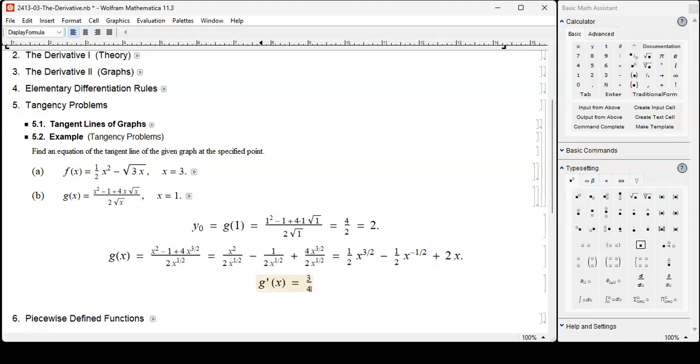That's going to be 3/4 x to the, subtracting 1 from the power, 1/2 power. 1/2 was there before, multiplied by negative 1/2, so we have a sign change, positive 1/4 x to the, subtracting 1 from the power, 3/2 power, and then looks like this is the derivative function. Okay, all right. Let's plug in x equals 1.